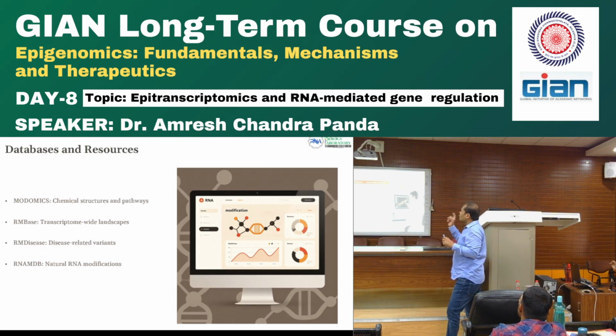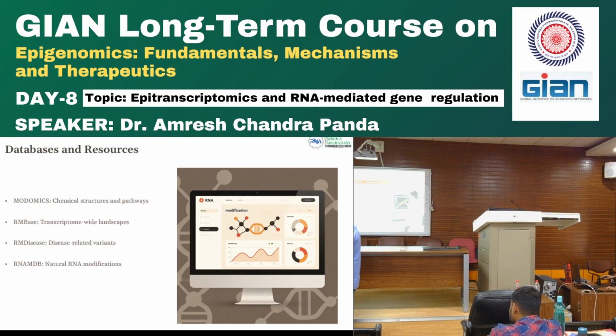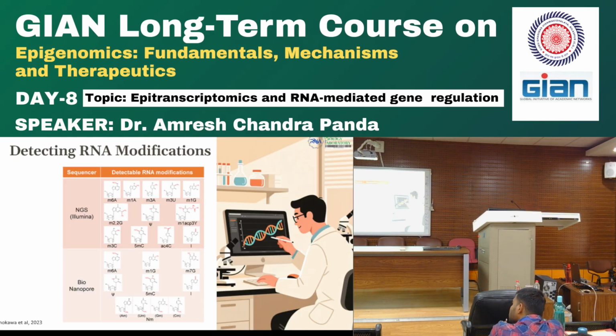and we also talked about the detection techniques. So if we are going to talk about therapeutics or use of modification in diseases, suppose you want to see if some modifications are more prevalent or less prevalent in any of the diseases, say cancer, diabetes, anything, how will you find that out? By sequencing, right?